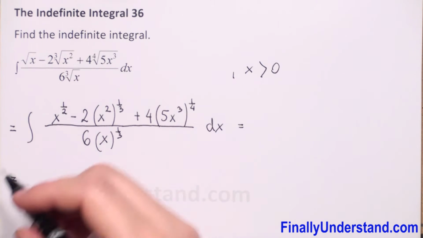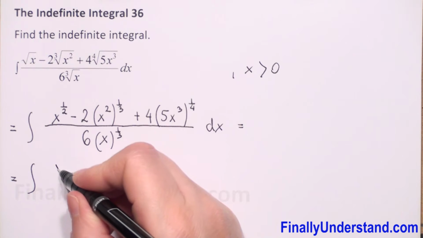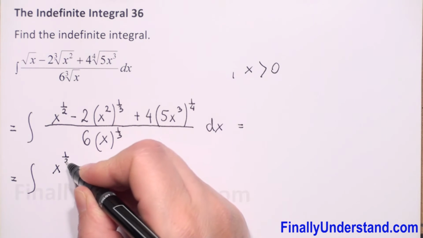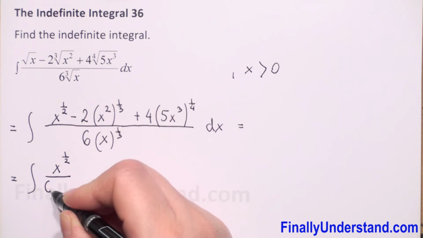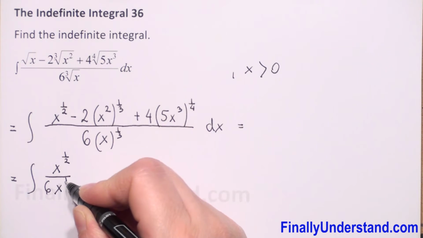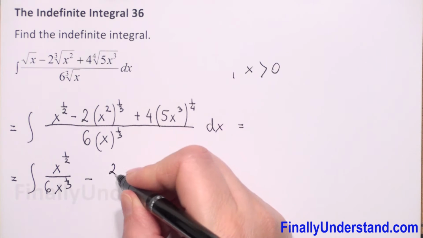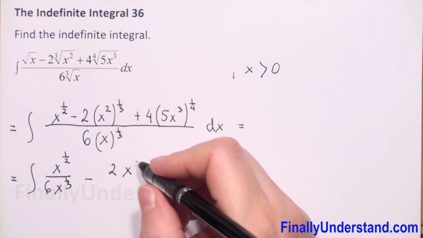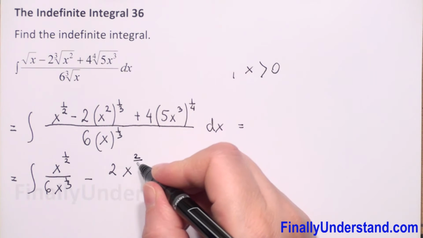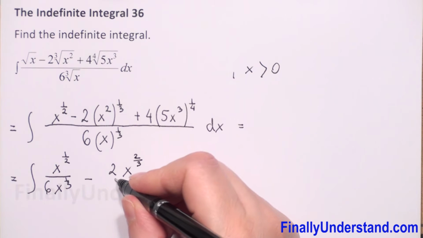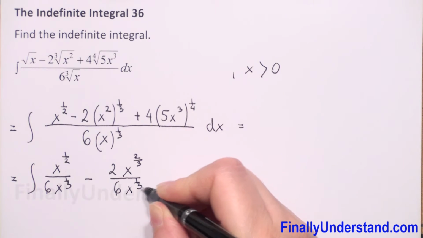Now we can change our expression to x to the power 1/2 over 6 times x to the power 1/3, minus we have 2 times x to the power 2 times 1/3, which is 2/3, over 6x to the power 1/3.